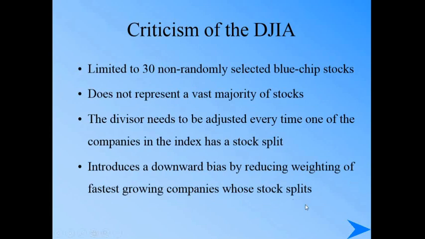What happens is that if a company is very fast growing, its price keeps on increasing at a very high rate, so it goes beyond the purchasing power of the investor. So the company keeps on splitting its stock so that it becomes manageable for the investor to purchase. But when the company splits its stock, its weightage in the index reduces.